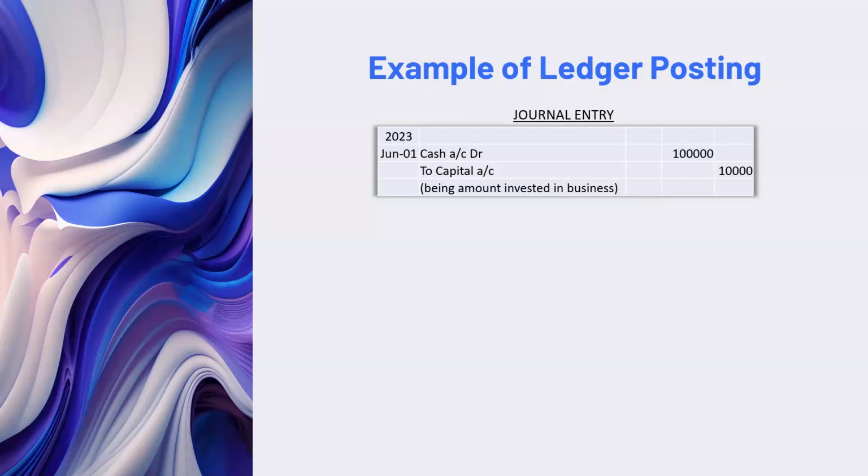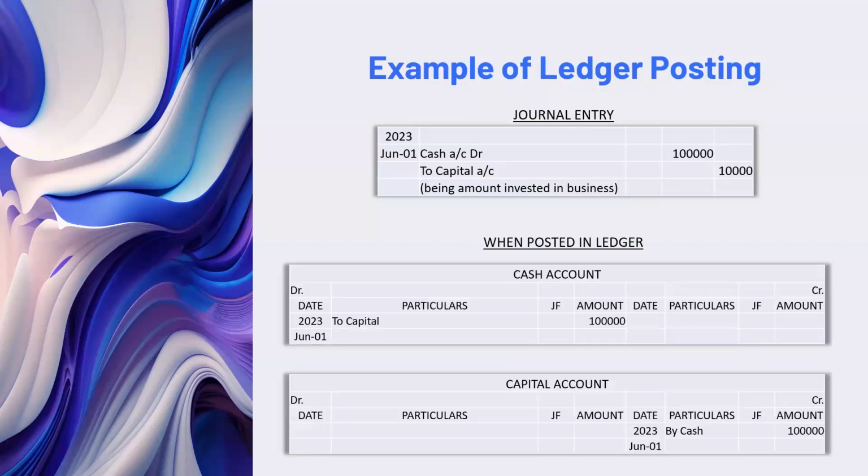Now we are going to post this transaction in the ledger. This is the chart. The whole page is divided into two columns. The first column has the details of the debtor column: the date, the particulars, the journal folio number, and the amount.